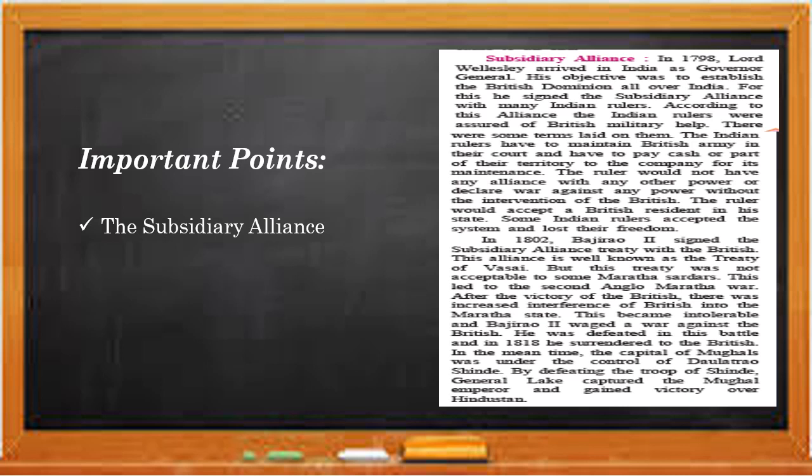Now, without giving an extra explanation, from the rules only we can understand, students, that the Indian rulers were forced to keep the British army in their court. Along with this, they were not given any concession in anything, because the maintenance of this army was given in the form of cash, or a part of their territory was given as revenue to the Britishers.